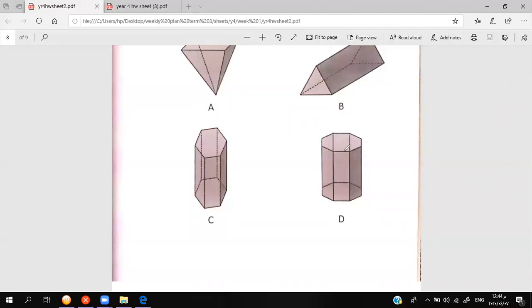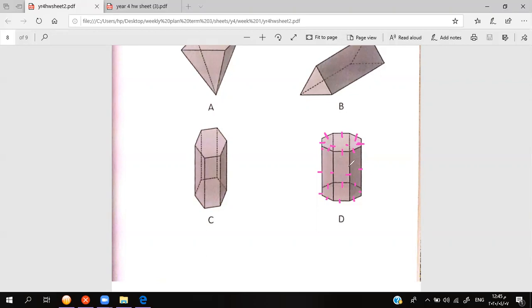What about the number of edges? 1, 2, 3, 4, 5, 6, 7, 8, 9, 10, 11, 12, 13, 14, 15, 16, and don't forget to count these lines. 17, 18, 19, 20, 21, 22, 23 from here, and there is one that we can see, which is 24.